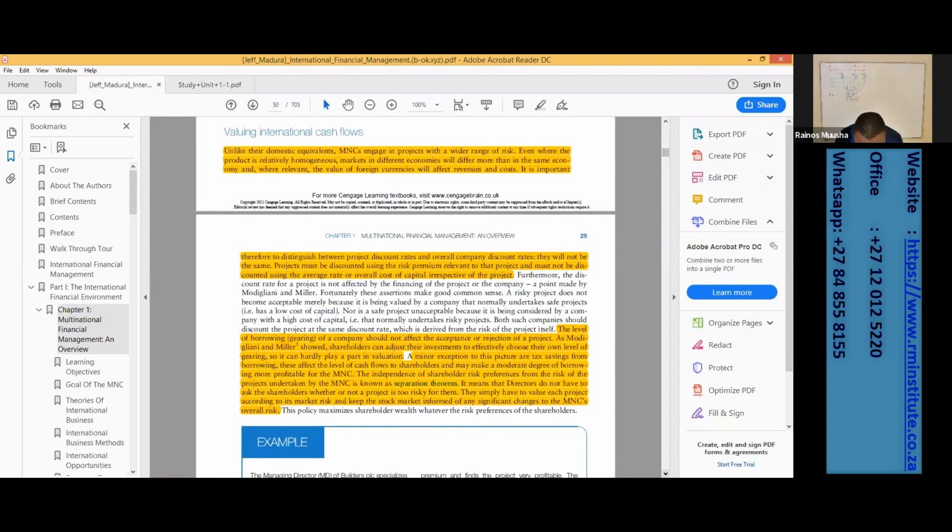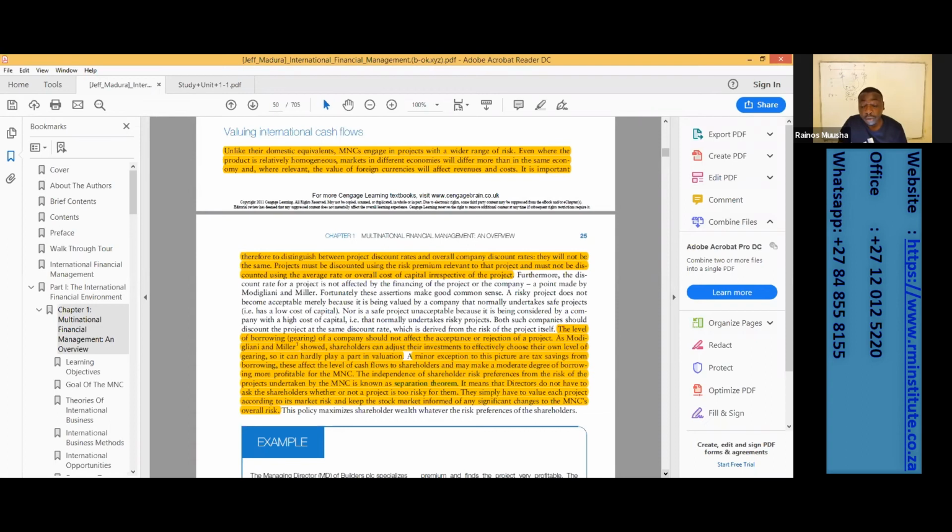So here they're basically saying that the decision on whether to accept or reject a particular investment is based on the comparison between the rate of return and the cost of capital. As long as the rate of return is more than the cost of capital, it means that the project is going to be acceptable.